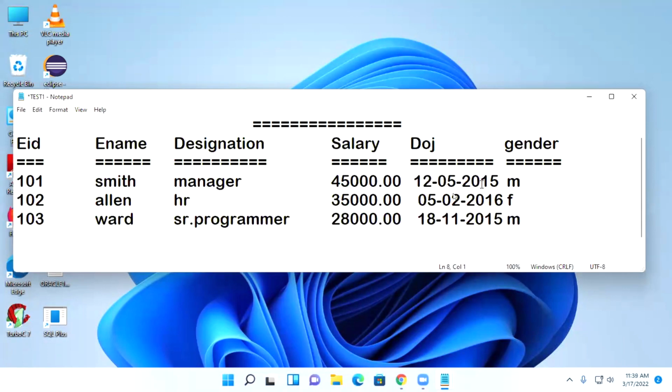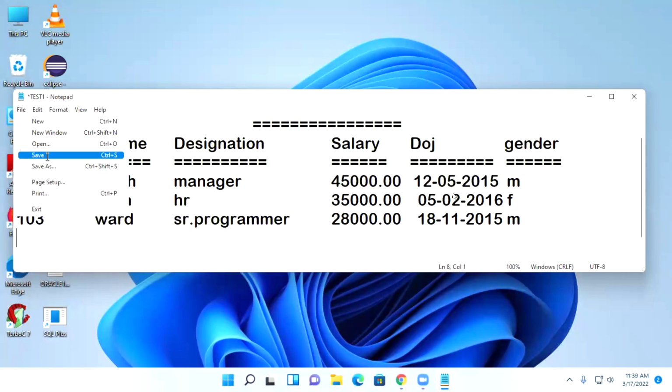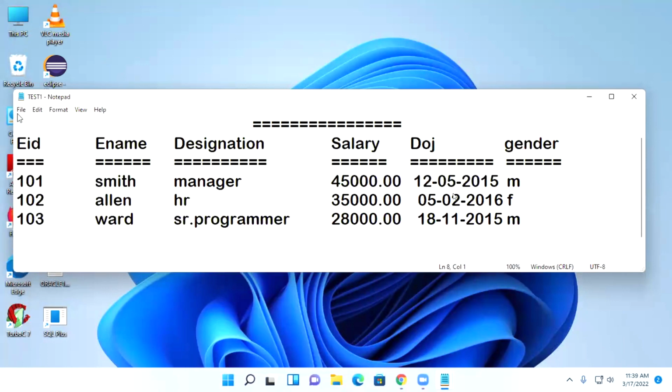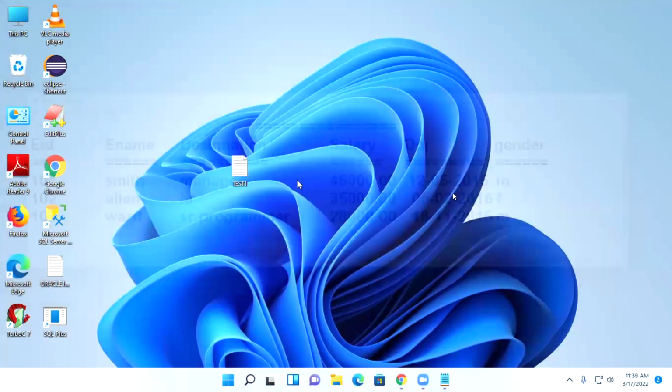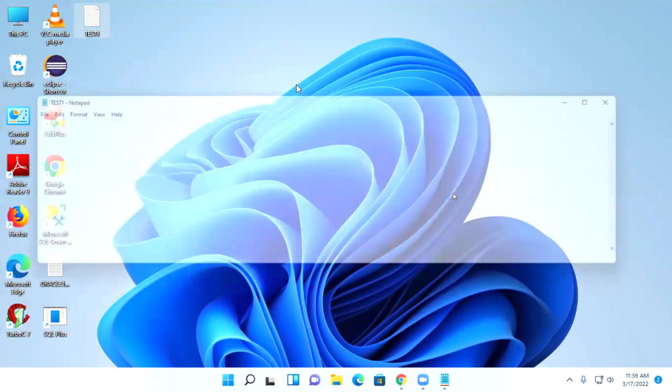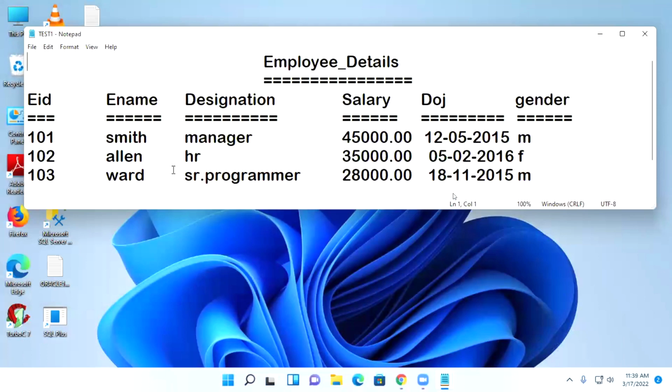So like this, I stored some information. You can store the information of any number of employees. Finally, come back, click on save and close here. So my data was stored successfully in this file, and I just keep it here. The next time, if I want to open this file, yes, you have your data, whatever you stored.